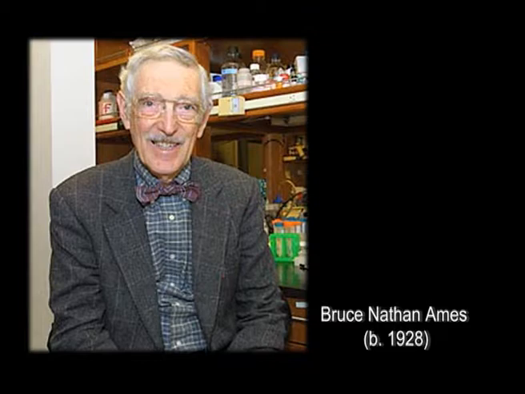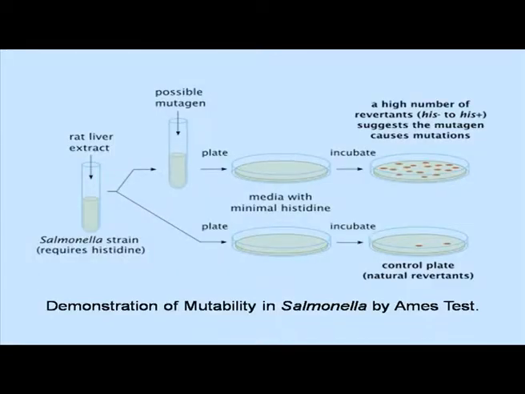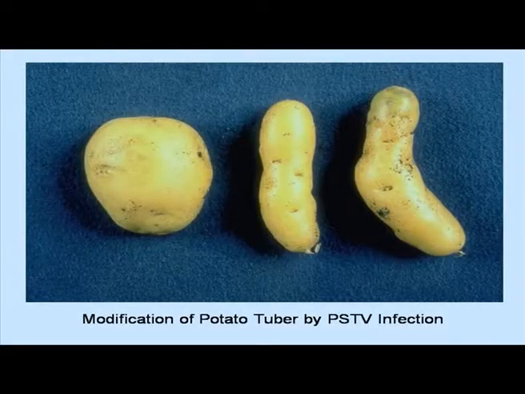It explained that bacteria have a normal mutability and some mutations can change the bacterial strain from one strain to another, and thereby this modification will indicate the pathogenicity of the bacteria. This was called the Ames test.